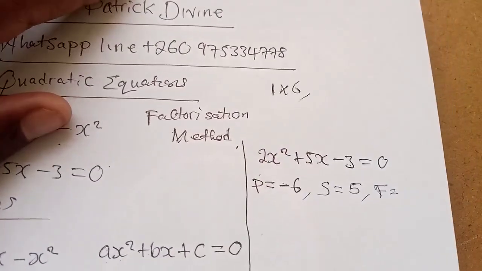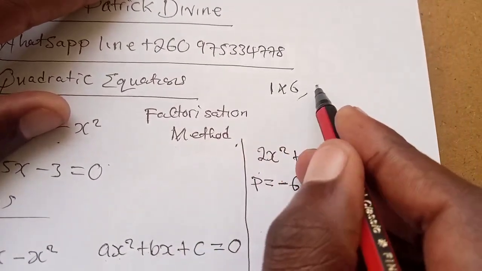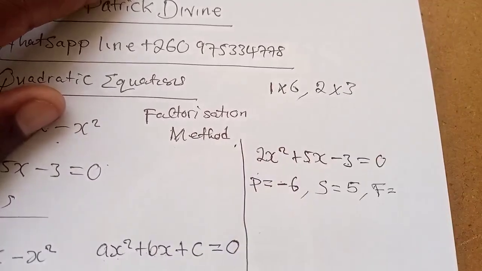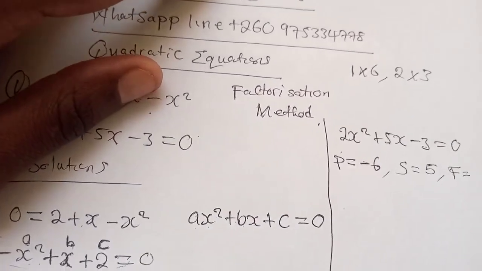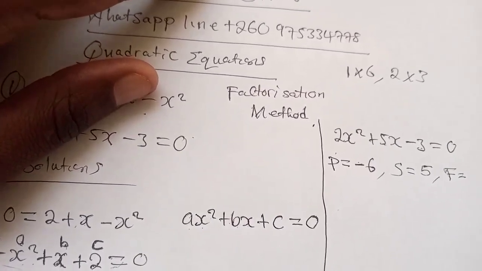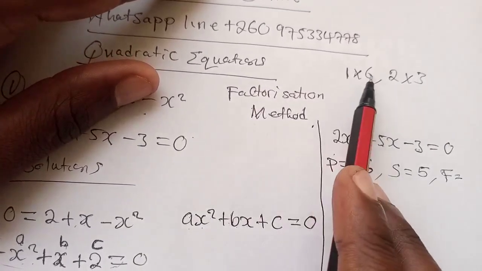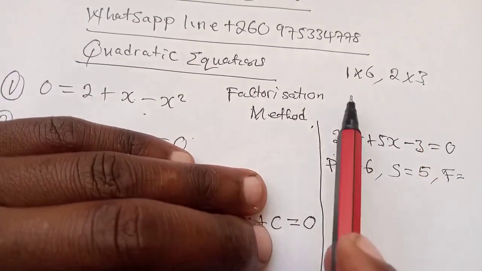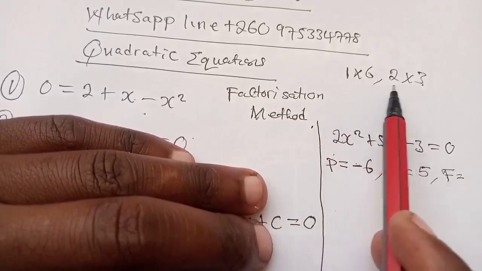Also, we have 2 times 3, which is also equal to 6. So we have these two factors.